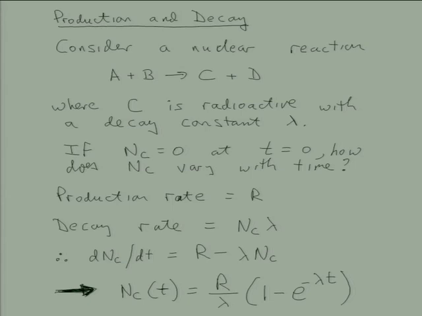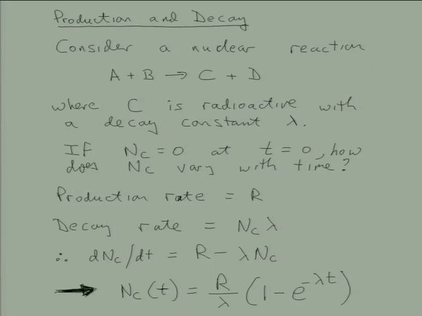So now I have a slightly more complicated differential equation. One of the homework problems is to take this solution and plug it into that equation and see that it solves it.